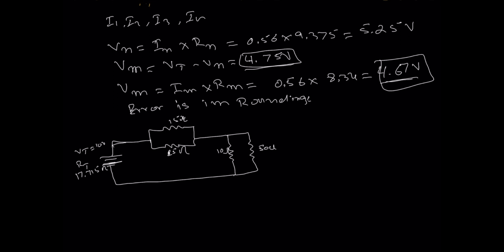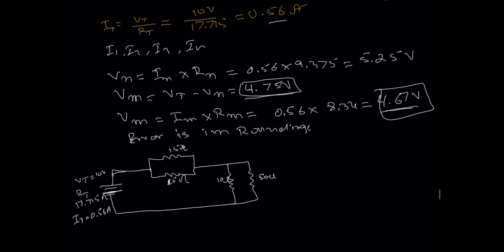We found the current, and IT was 0.56 amp, and we found the voltage drop between these two branches, which is Vn, 5.25 volts, which is equal to Vr1 and also Vr2. They should be the same because these are parallel circuits.